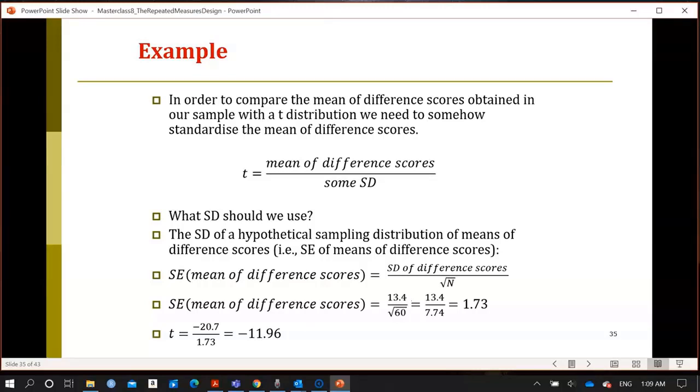The standard deviation we have in our sample was 13.4, and we divide that by the square root of the number of observations, which is 60, and that is altogether 1.73. That's the standard error.